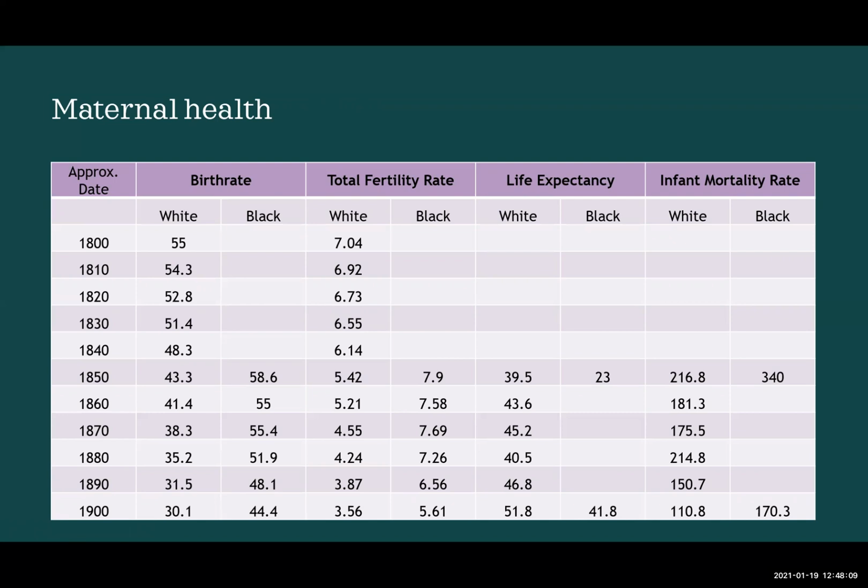Like we can't say that we have even come close to closing this gap because we haven't. And then infant mortality rates, again, incredibly, it's just heartbreaking, but much higher among Black populations than they are among white. And that is still an issue today.